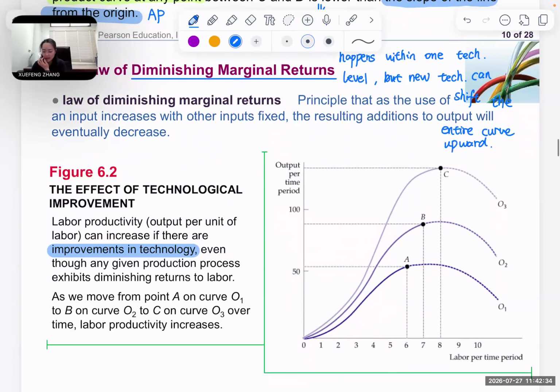All right, so that's why from O1 to O2 and then to O3. Okay, this is because of technology improvements.